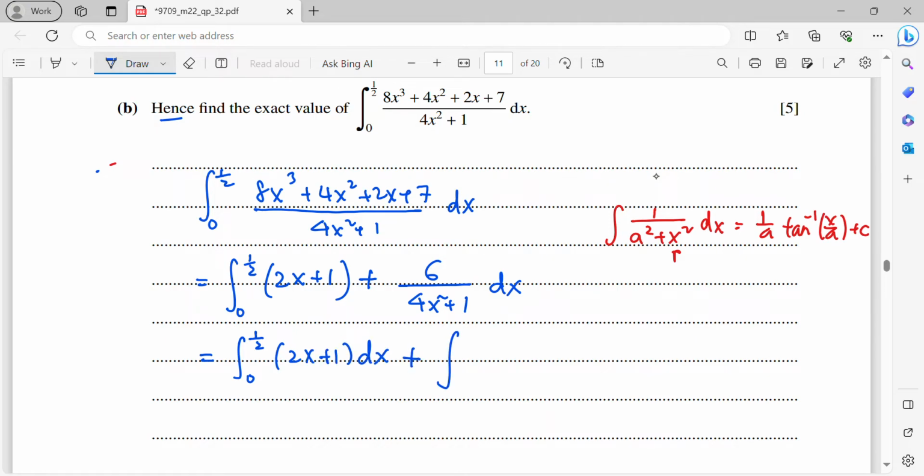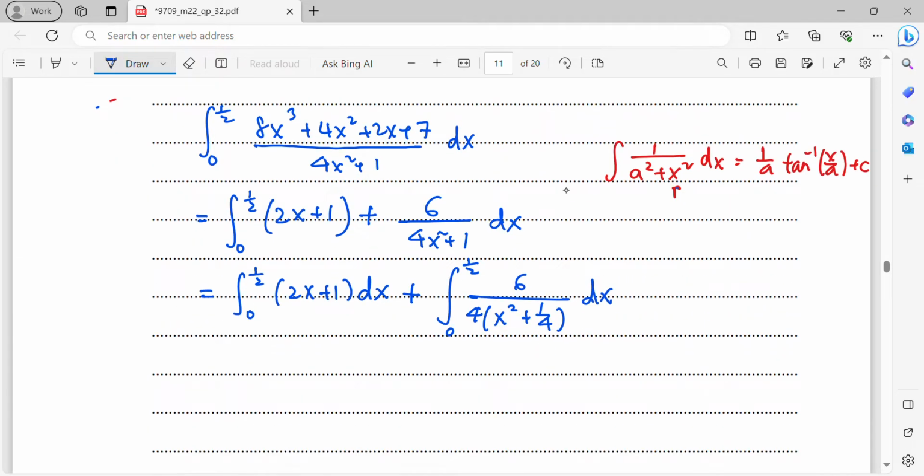Okay, and then at the same time I will factorize the 4 because I need to make it to 1x squared. So here x squared plus 1 over 4 dx and 6. Then limits 0 to half. I split into two integration first. So after that, right, I will change the second form into the same form as the formula.